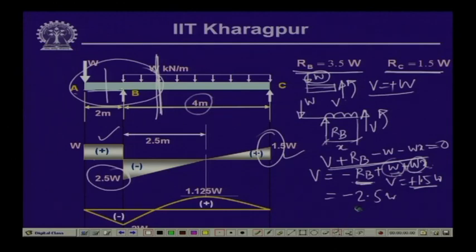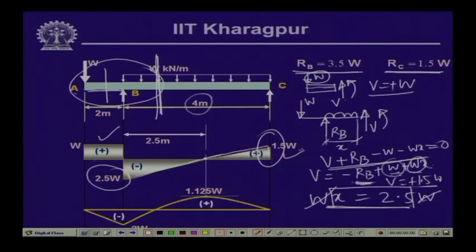That gives us that W times x is equal to 2.5 W. So, W gets cancelled, and x is equal to 2.5. So, it indicates that at a distance of x equal to 2.5, the shear force is 0. It changes sign from negative to positive, and here the value is 1.5 W. And as we know, where the shear force is 0, at the corresponding point we will get a maximum value of the bending moment.